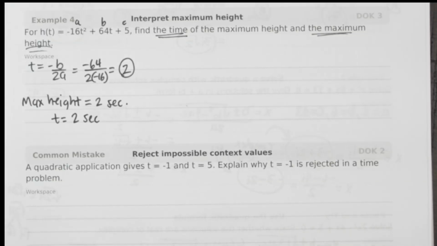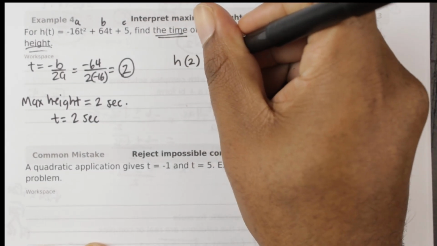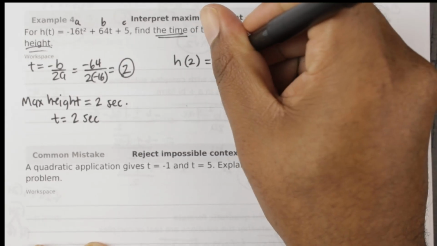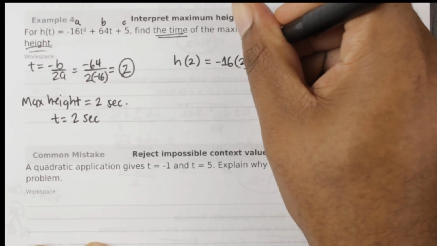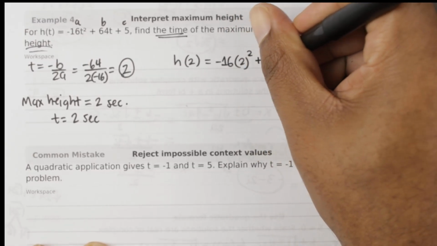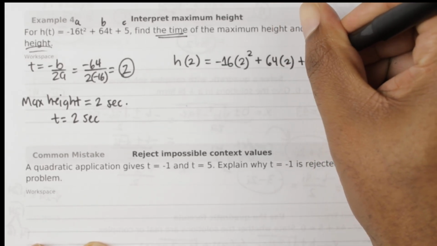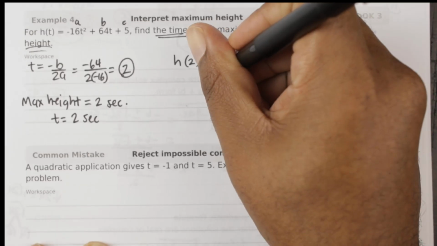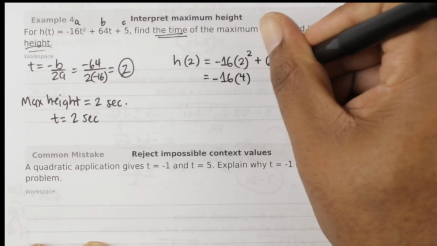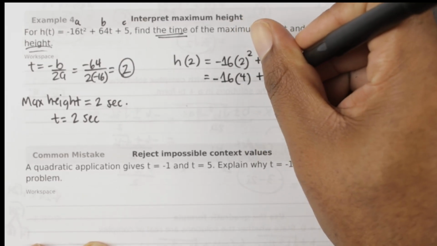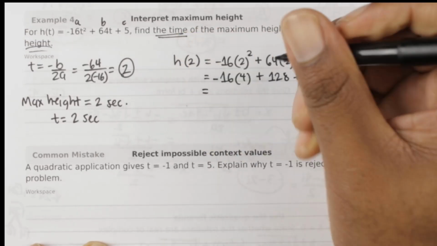Now let's write h and substitute the 2 in there. That's going to be negative 16 times 2 squared plus 64 multiplied by 2 plus 5. Negative 16 times 4 plus 128 plus 5.